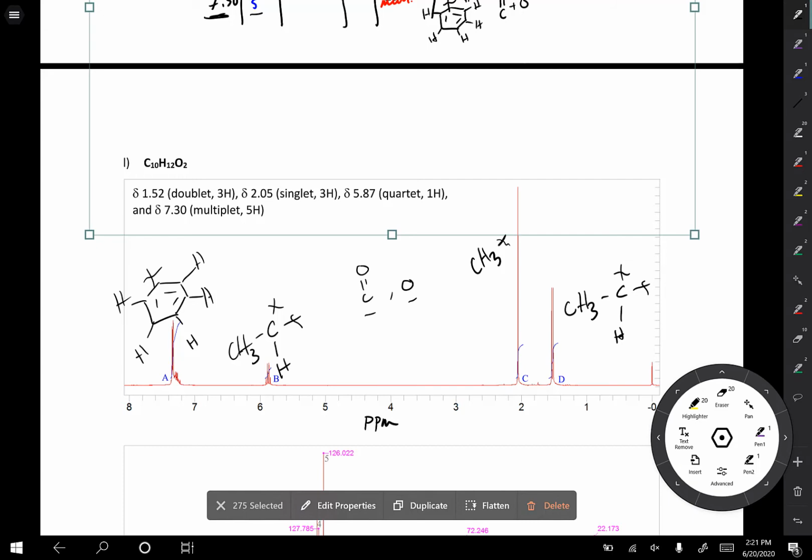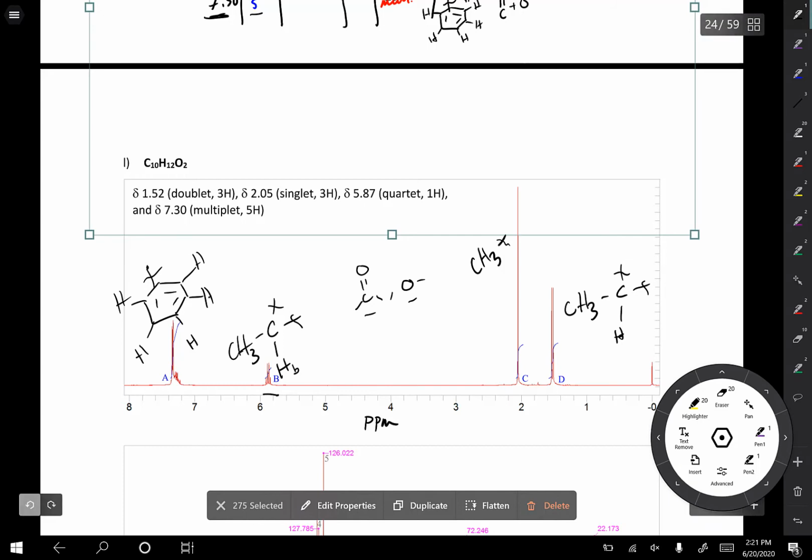So you could imagine one of those could be bound there. What about this guy, B? Look at B. B is shifted very far downfield. I would imagine that this carbon attached to B, this HB, has 2 electron withdrawing groups on it. Well, what are our groups that we could attach? Well, we have an attachment here to benzene. You can imagine you have this carbonyl.